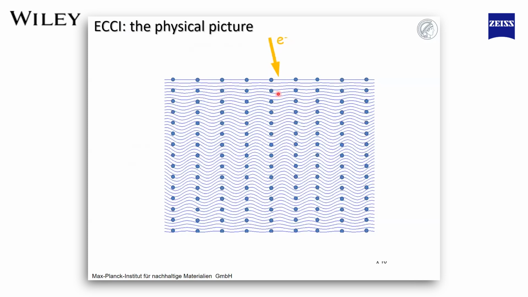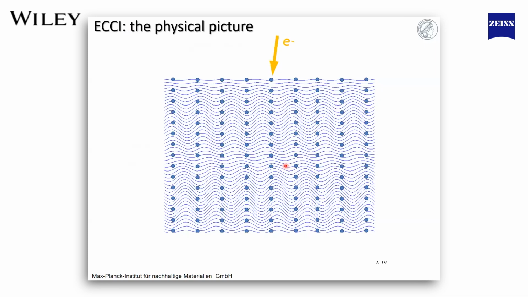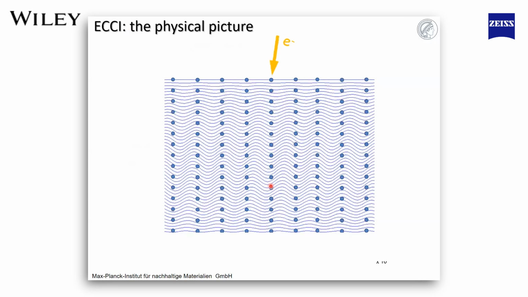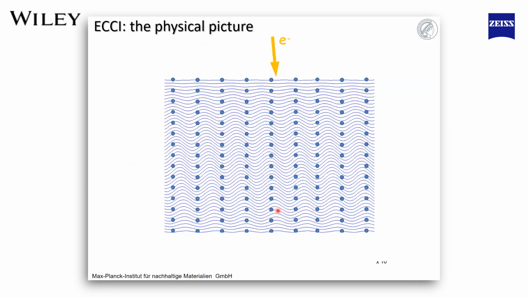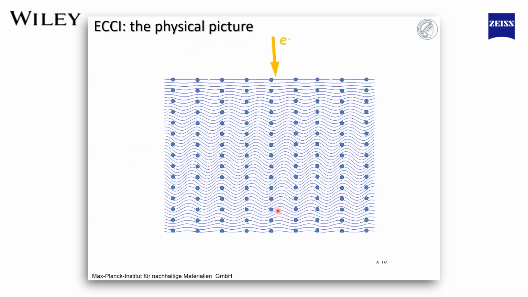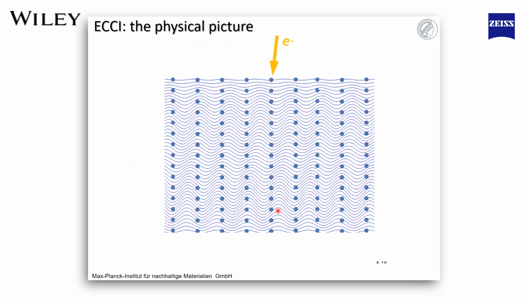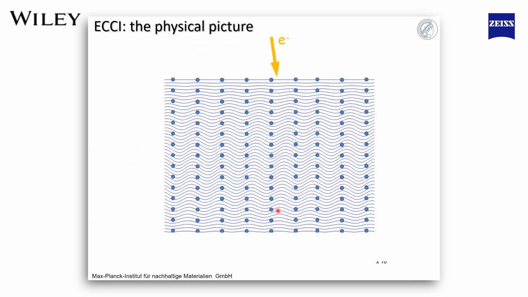But there's the opposite side. The opposite effect is when there is a minimum of electron intensity at the site of the atoms. And that means there's almost no interaction of the electrons with the lattice, and that means, again, that the electrons can go very deep into this lattice.